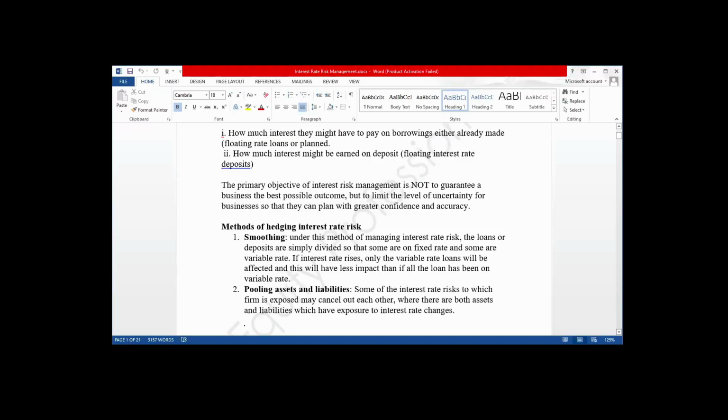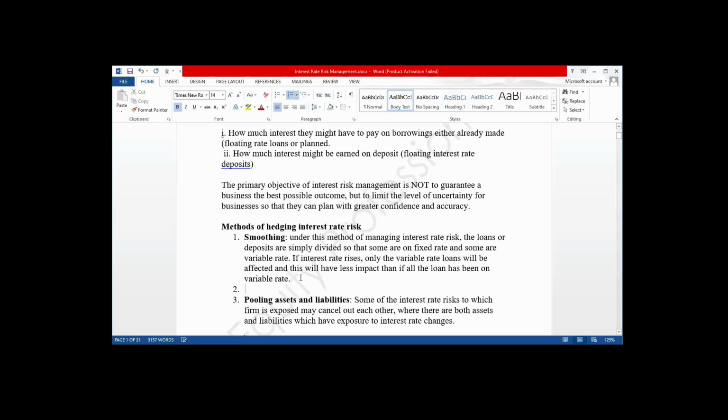Let us illustrate briefly to further drive the explanation. Assuming your company is planning to take a loan of 100 million.